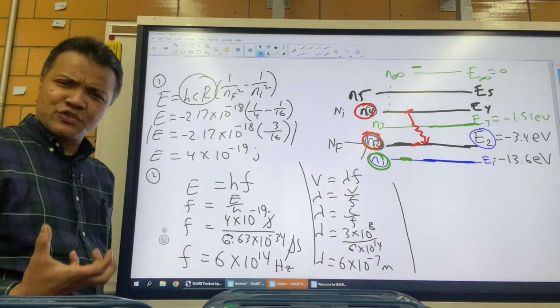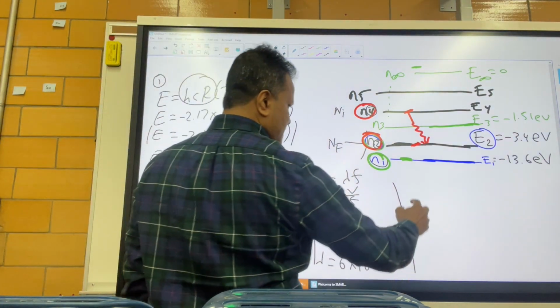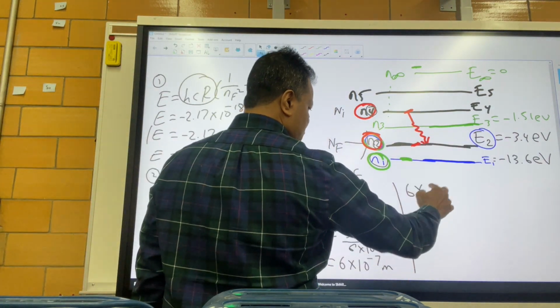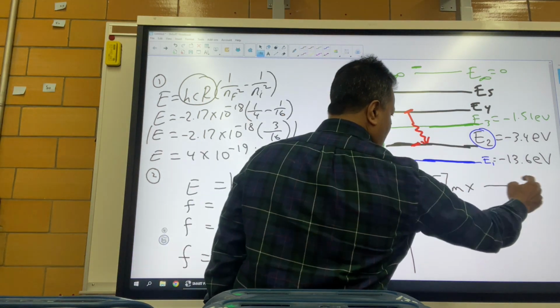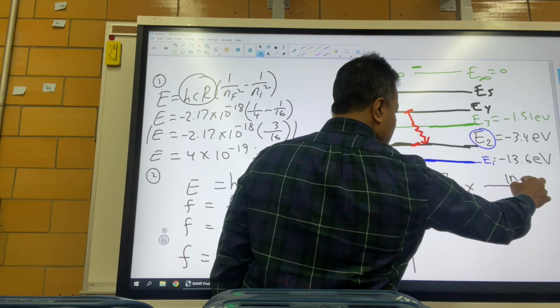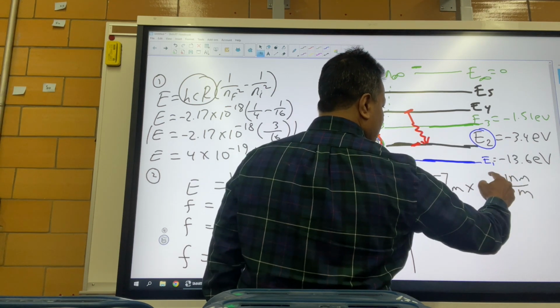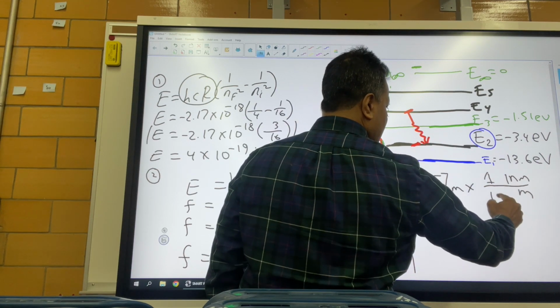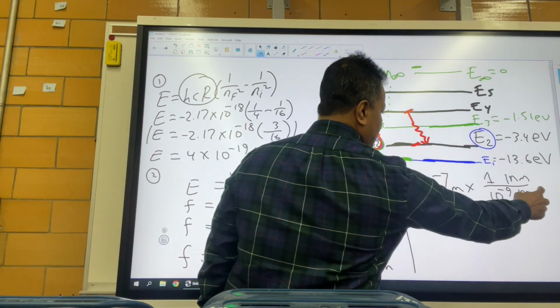All right, now we're going to do the final step. We're going to convert it to nanometers. So 6 times 10 raised to negative 7 meter times nanometer. 1 nanometer is 10 raised to negative 9 meter. So meters cancel.